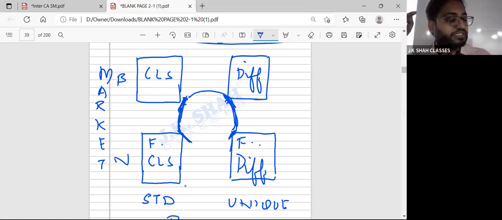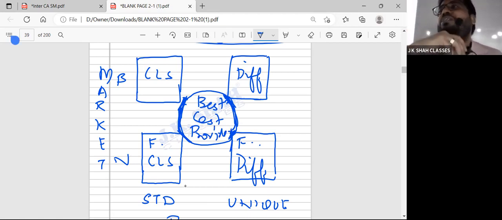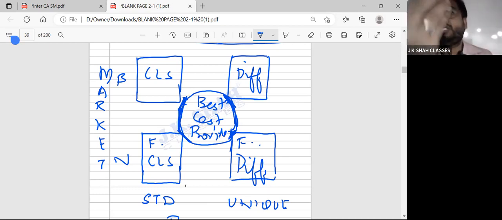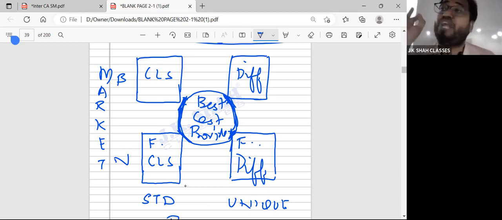So this is your best cost provider strategy. What is best cost provider strategy? Providing unique differentiated products at affordable prices, at reasonable prices. I know you have doubts. I'll give you 2 examples. All your doubts will be resolved.